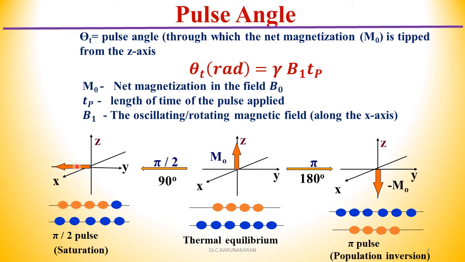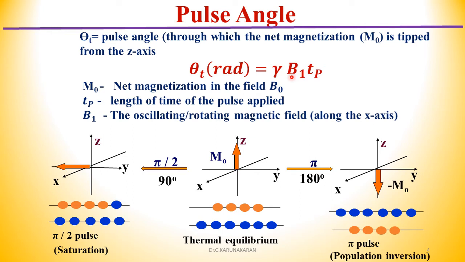For example, this is a 90-degree pulse, and this is a 180-degree pulse. Theta equal to 180 degrees. Theta is in radians. It is directly proportional to the rotating, oscillating radio frequency magnetic field. It is applied along the x-axis.